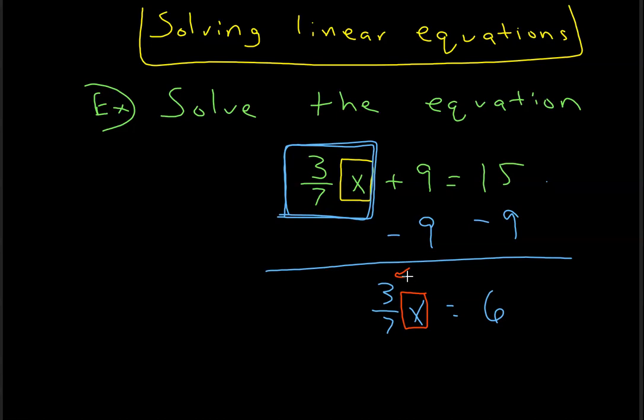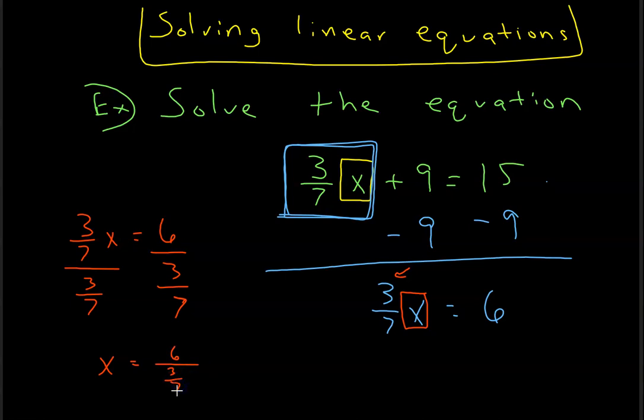Taking that equation, 3/7 x equals 6, I can divide the left side by 3/7. I can divide the right side by 3/7. Giving me x equals 6 divided by 3/7.